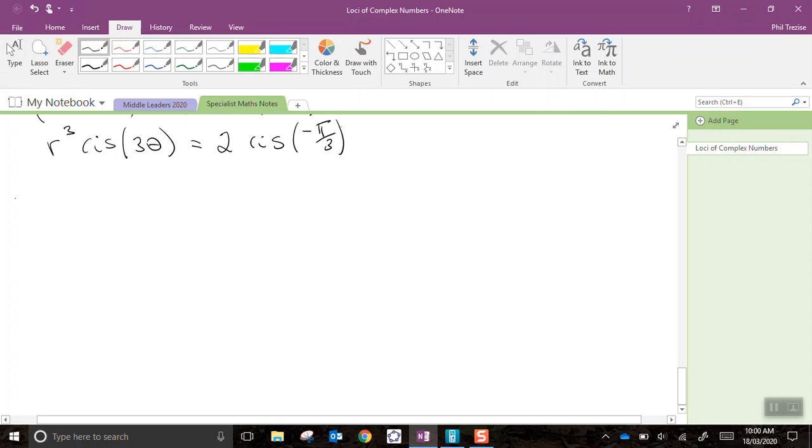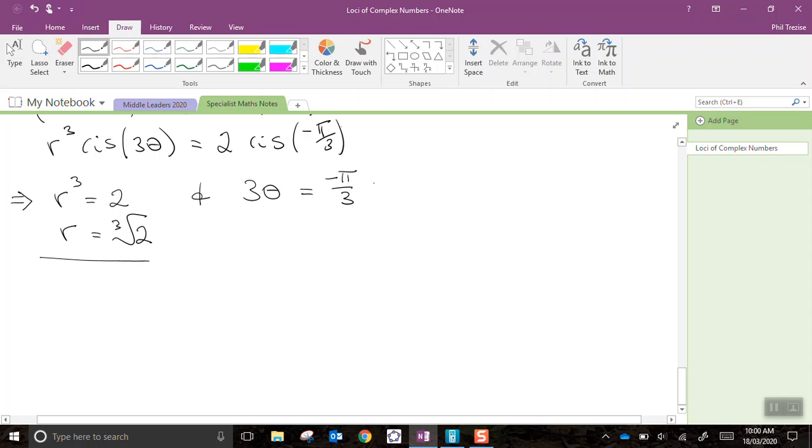So we will now consider r cubed equals 2. R would be the cube root of 2. That's the easy part. We will also consider the fact that 3 theta equals negative pi over 3.